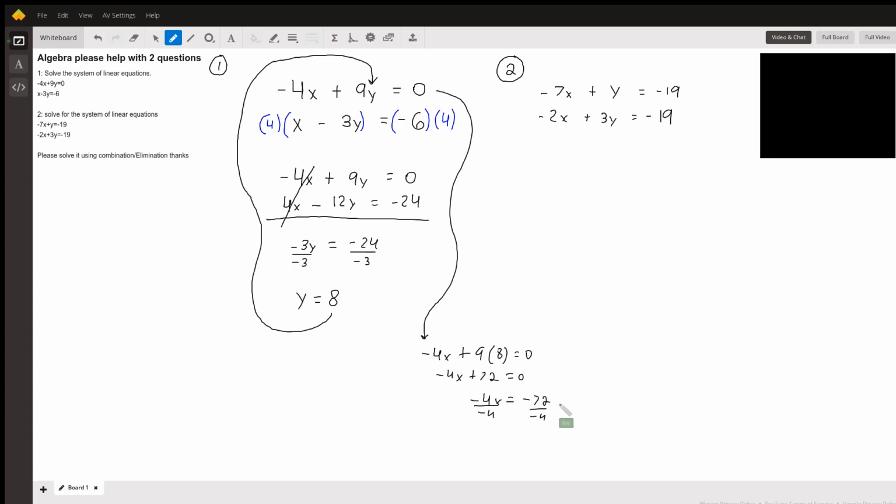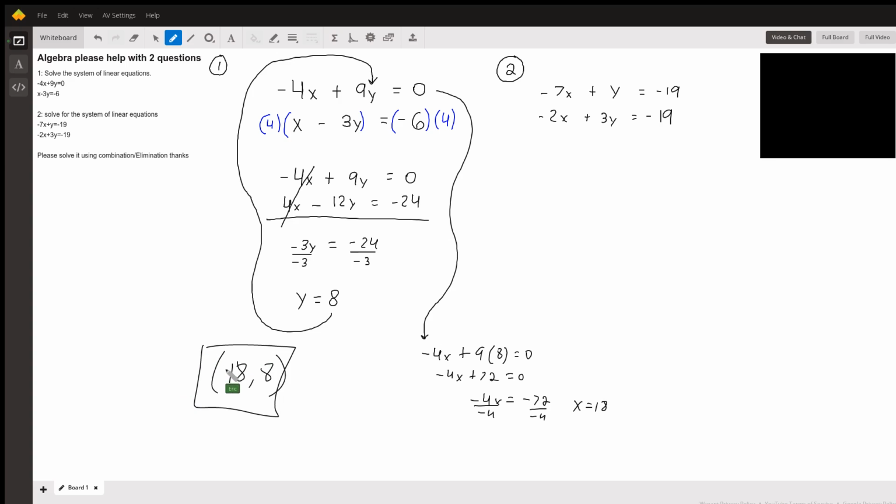On a calculator quick, I'm just going to do negative 72 divided by negative 4. It gives me 18. So we have x equals 18. So our solution to our first system is the ordered pair 18, comma 8.